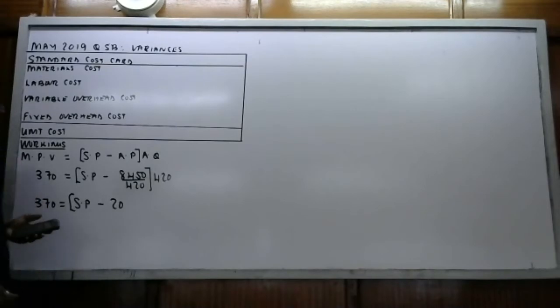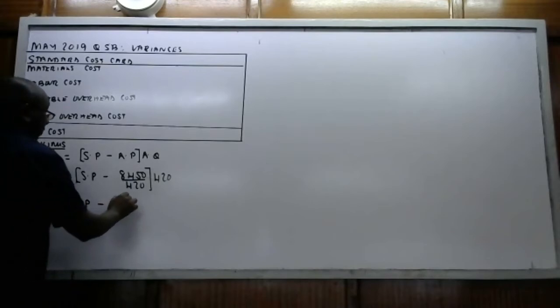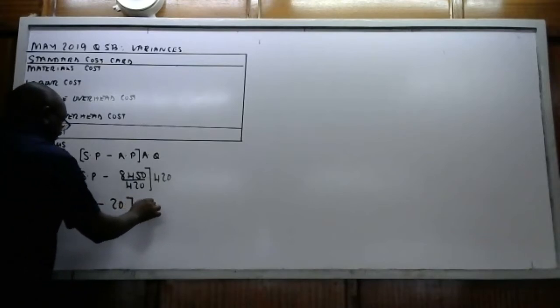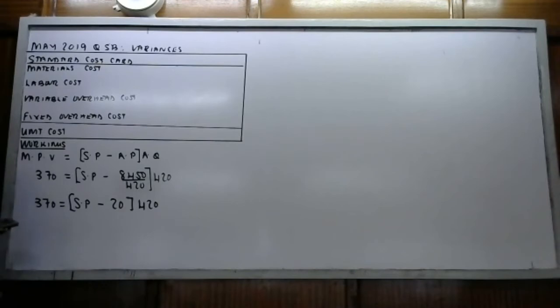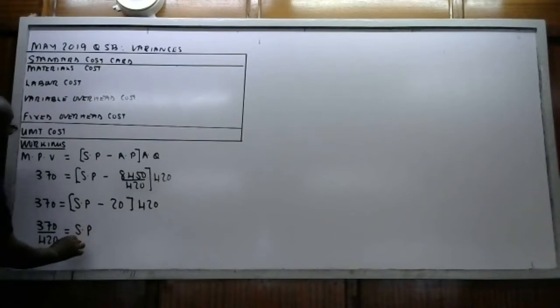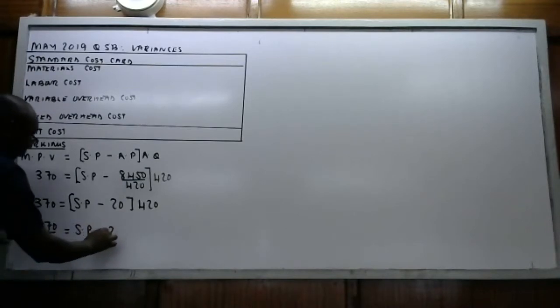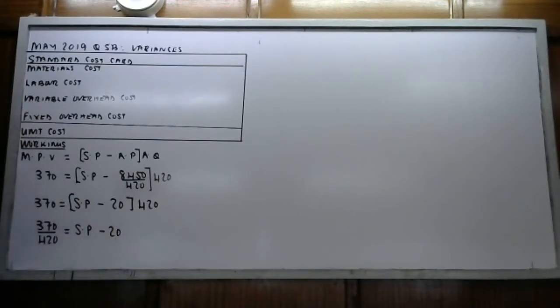We can ignore the decimals. So 20 multiplied by 420. This becomes 370 divided by 420 is equal to the standard price minus 20.